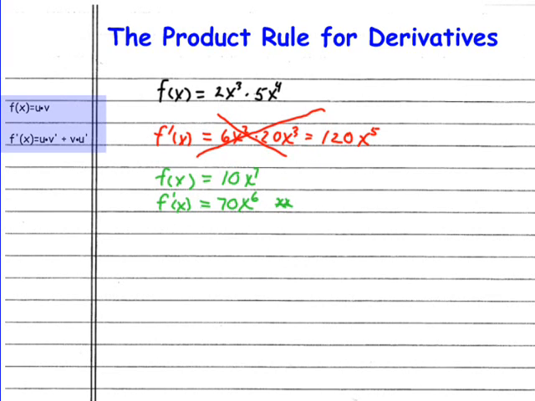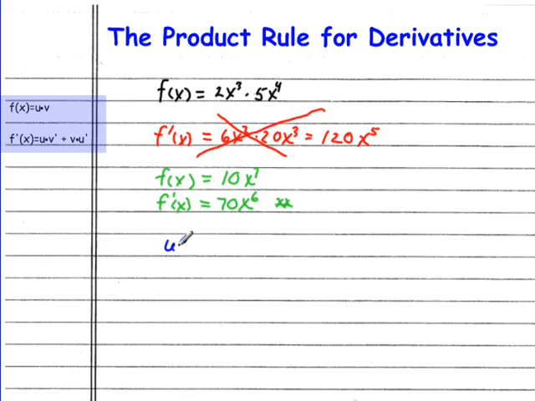Now, simply to illustrate the use of the product rule for derivatives, let's look at an example where we're using this product rule. Here I have the product rule stated so it's easy for us to identify. We first need to know what u is.